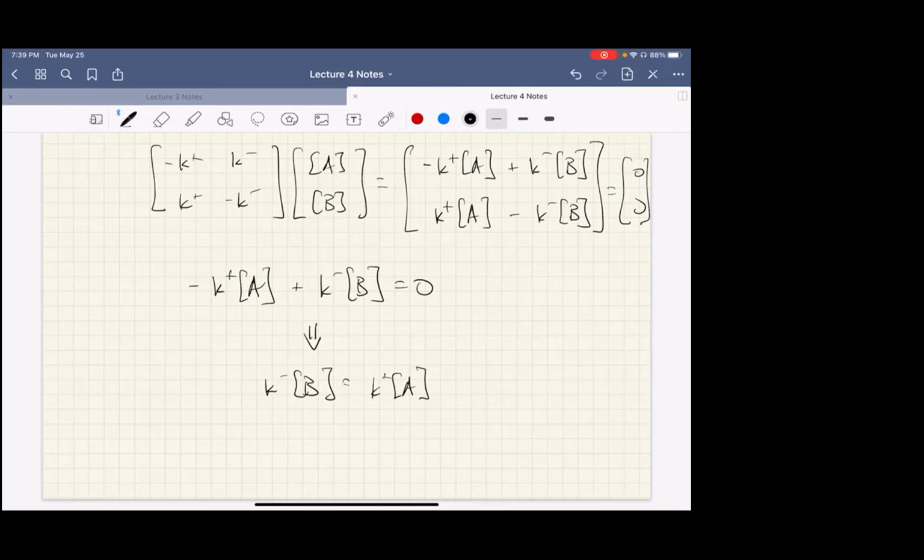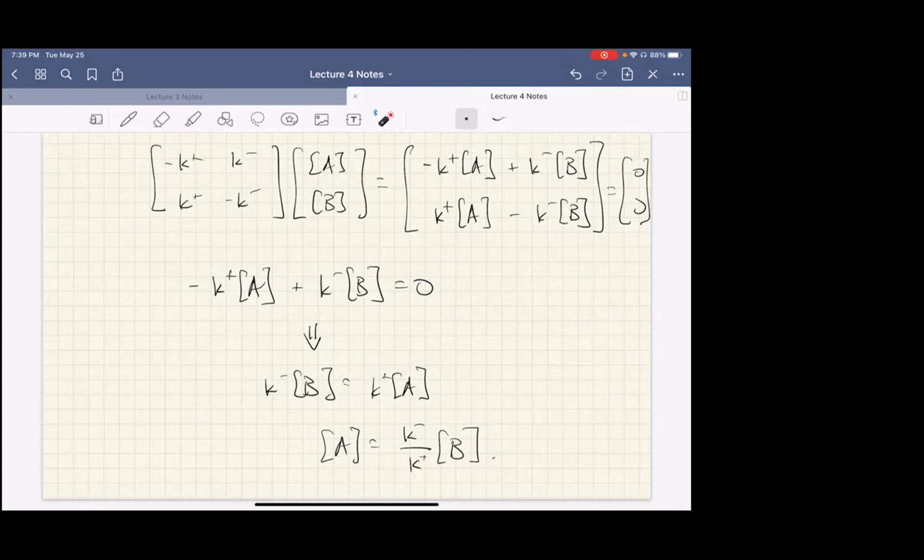If I know the concentration of A, then the concentration of B is k plus over k minus times A. And you can manipulate that in various ways. What you'll notice also is that if you do the same thing with this line, you'll get the same answer. You probably know that that's how eigenvectors work. They're not unique. So basically, this is the relationship between the concentration of A and B, and you can't reduce it any further.